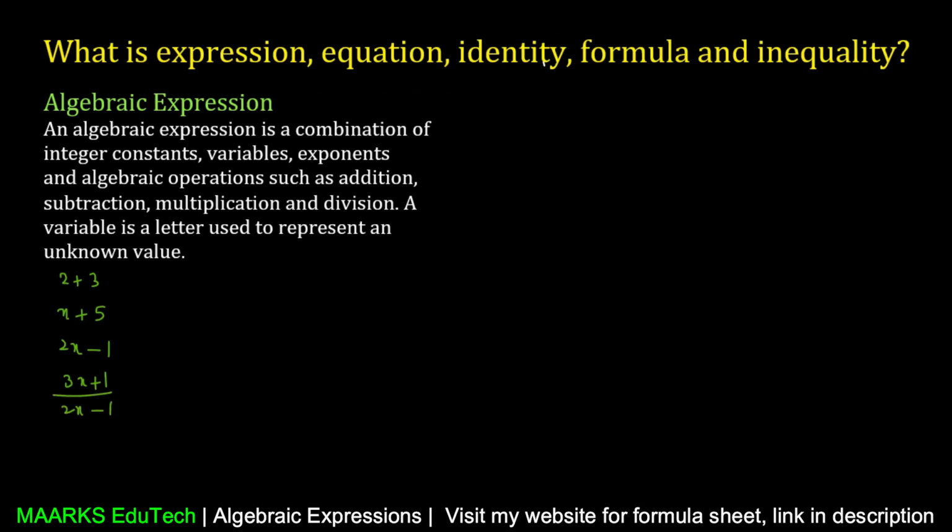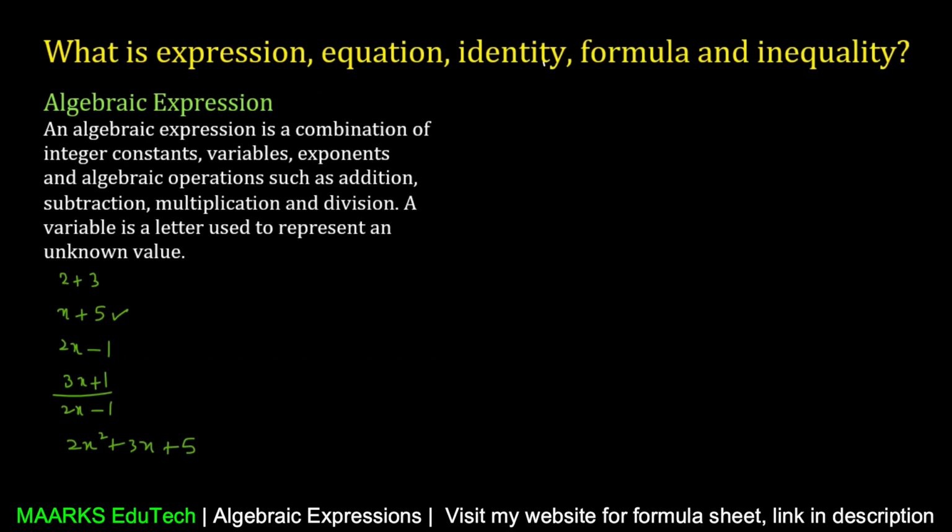This is a rational algebraic expression. Now we have 2x square plus 3x plus 5. This is a quadratic expression. It has the power 2, that's why it's a quadratic, and this one is the linear one. So these are the algebraic expressions.